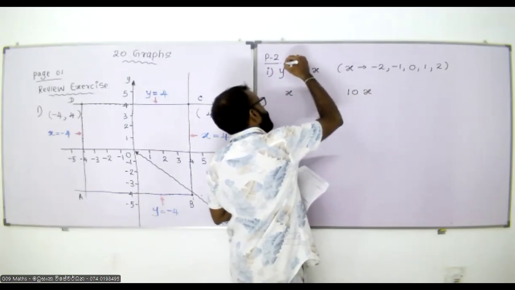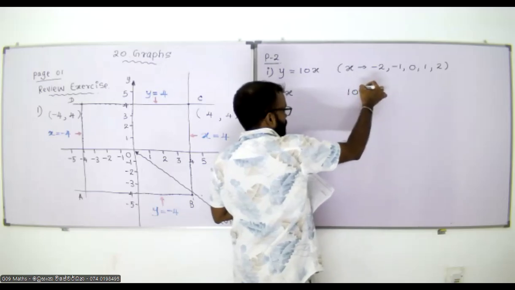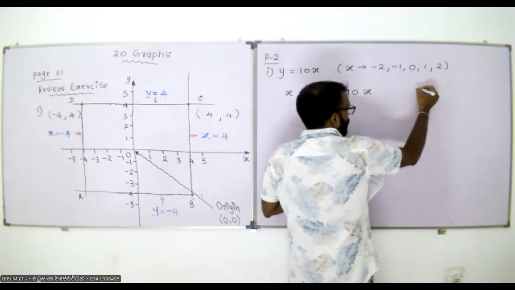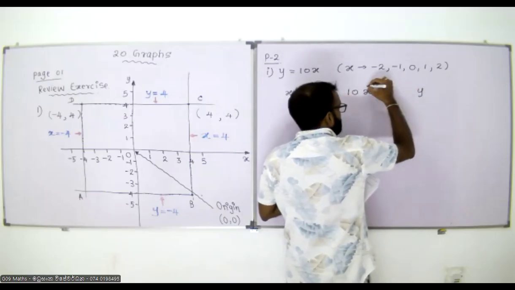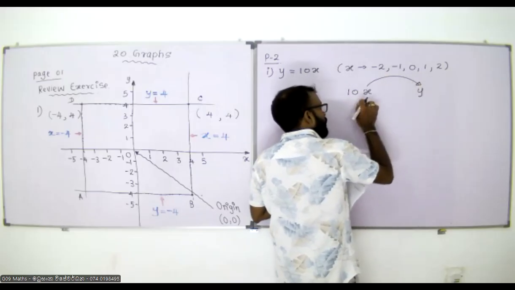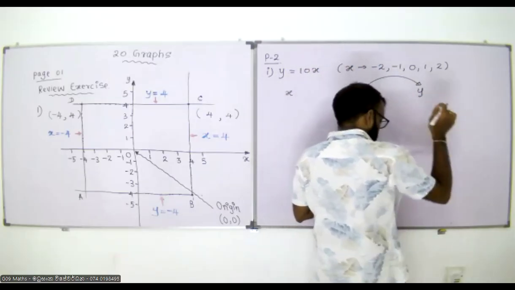So this is y. You are calculating y here. Then you are going to put the y value here. Y equals 10x. The value you have taken here is equal to y because y is equal to 10x.